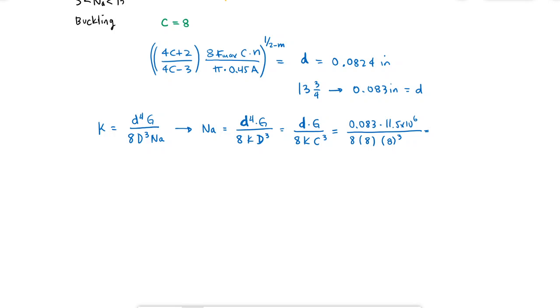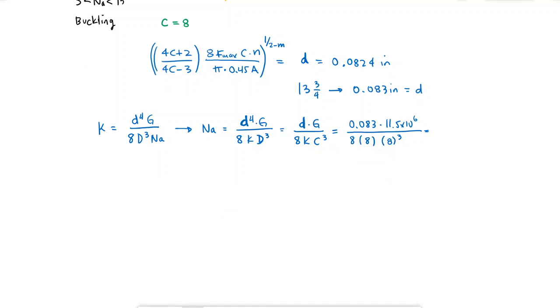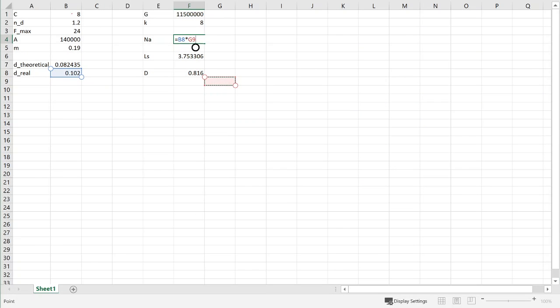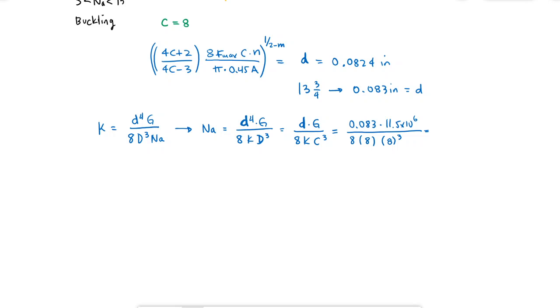Okay, that k, again, I just wrote an Excel spreadsheet for that, so I'm using the real diameter, the shear modulus, and the spring constant 8, I get a number of coils of 28.93.